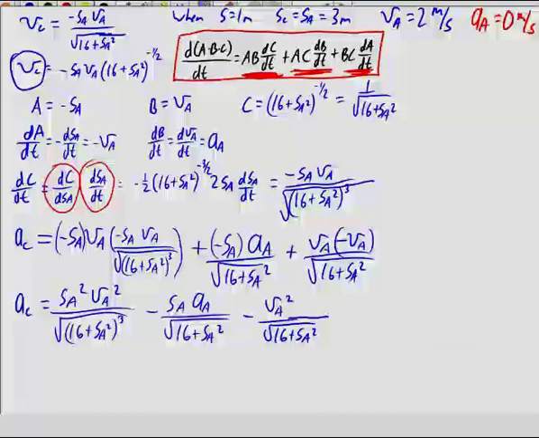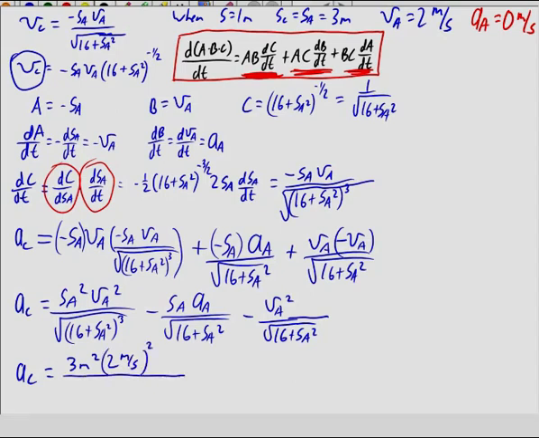And now we can plug in all of our values. AC is going to be equal to SA, which is 3 meters, squared, VA, which is 2 meters per second, squared, over the square root of 16 plus SA, which is 3 meters squared, quantity cubed, minus SA, which is 3 meters times 0 meters per second. Oops, I did the wrong units.